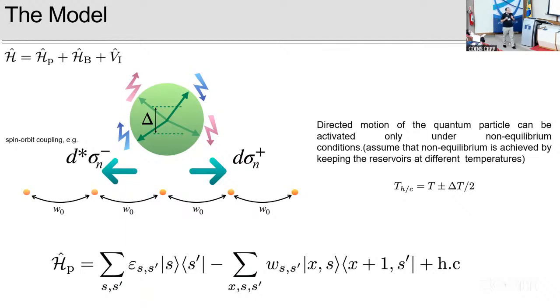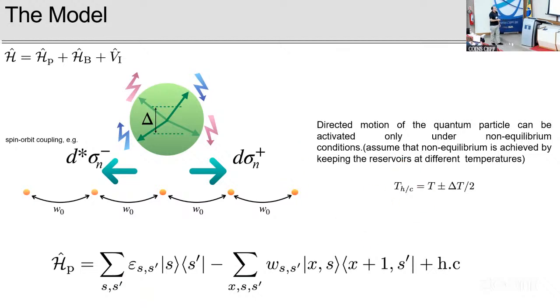this coupling by itself does not play a role if everything is in equilibrium. If your particle is put in equilibrium with the environment, detailed balance will guarantee that the kicks in one direction and in the opposite direction are such that no directed motion is possible. So you need some non-equilibrium.